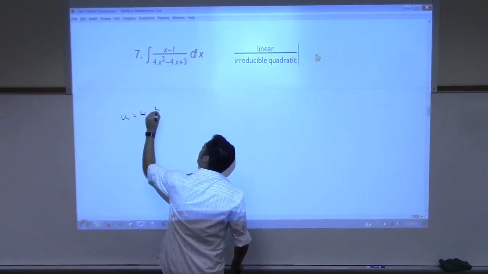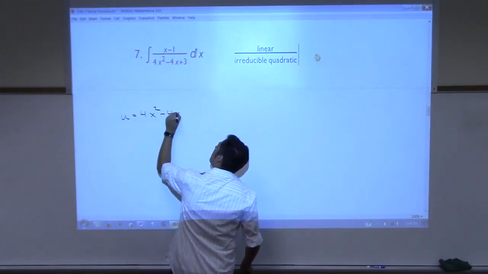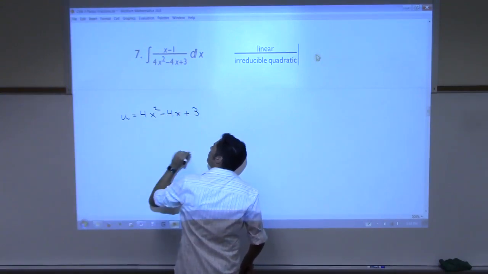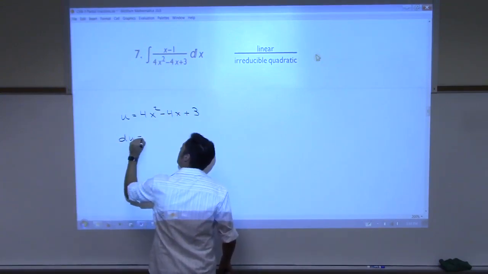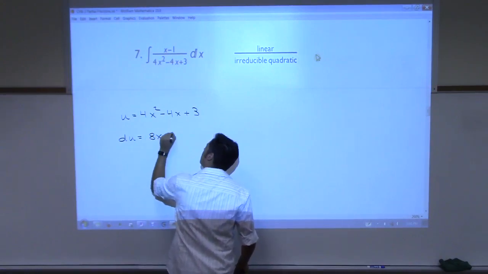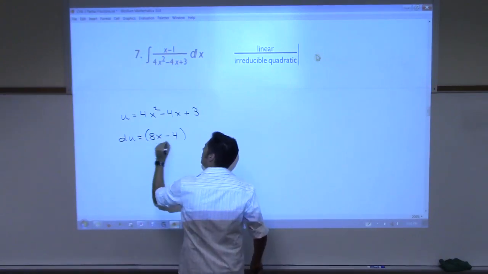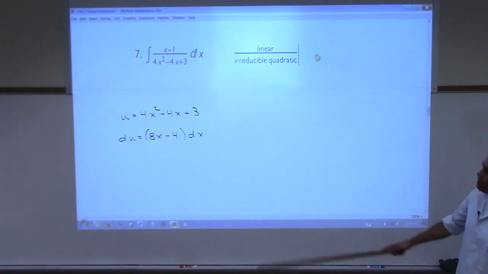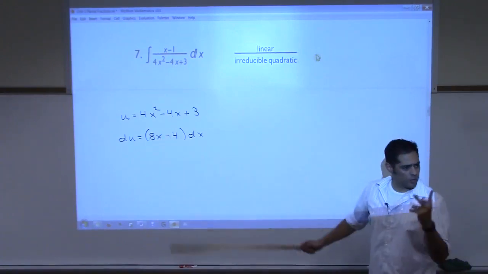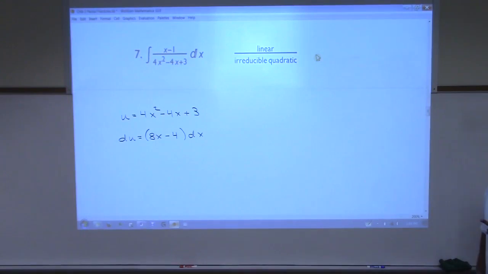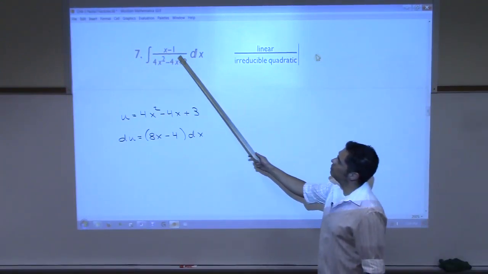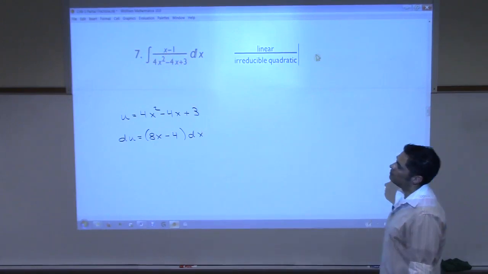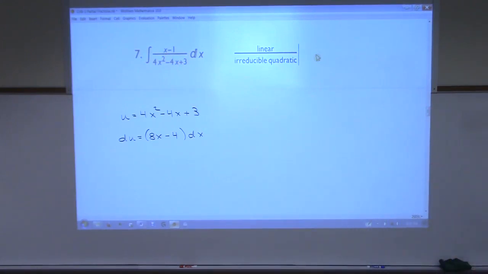But we're going to run into some problems, aren't we? If u is this, du is 8x minus 4 dx. Now notice I put this in parentheses because there are two terms there, right? Now I have in the numerator two terms, right?